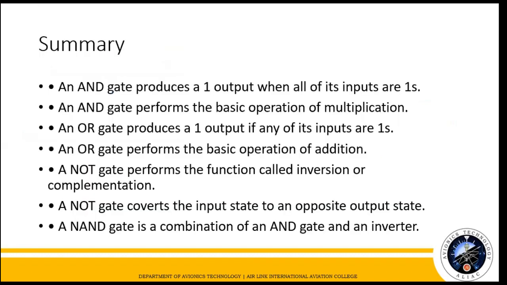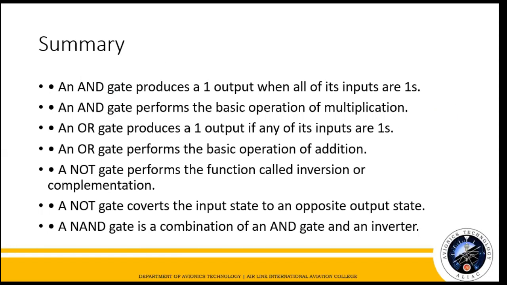Okay? So, to summarize all the topics we've discussed, an AND gate produces a 1 output when all of its inputs are 1s. An AND gate performs the basic operation of multiplication. An OR gate produces 1 output if any of its inputs are 1s.